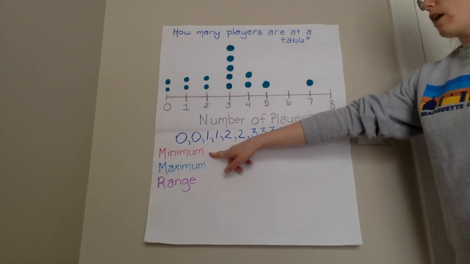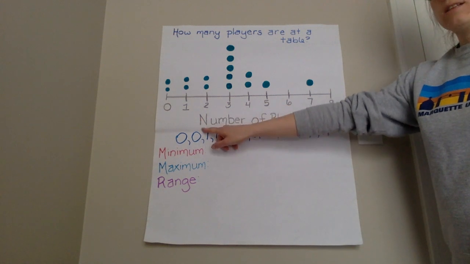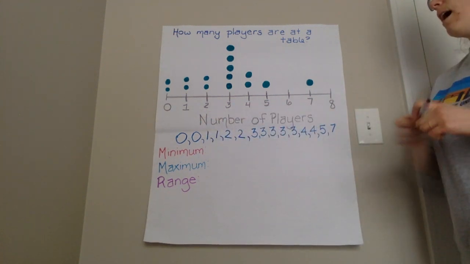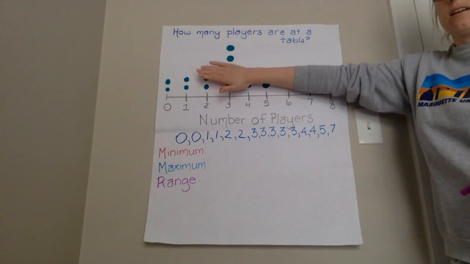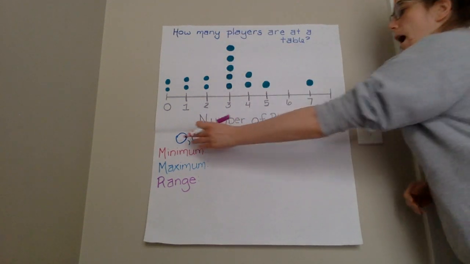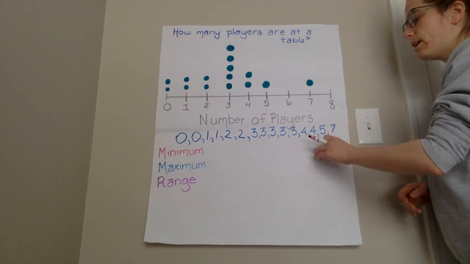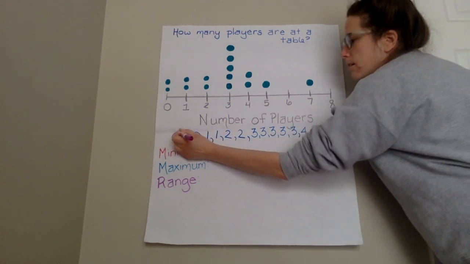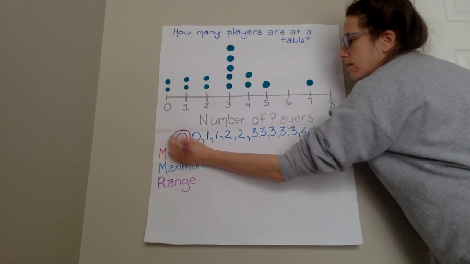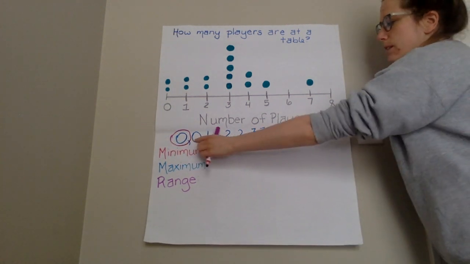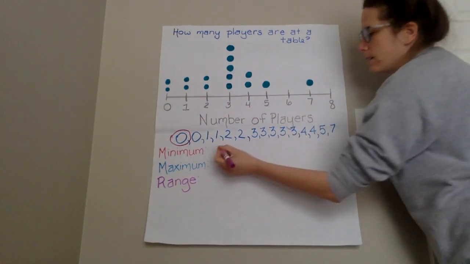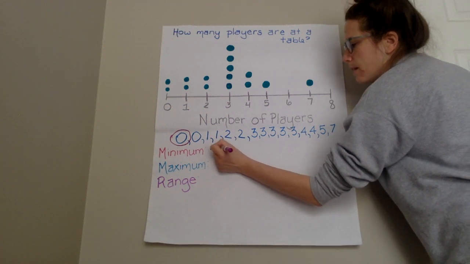The minimum talks about what is the smallest number in my data set. I am not looking here to find the minimum. I am looking at this set of data. What is the smallest number? 0. 0 is smaller than any of these numbers, so 0 is my minimum.